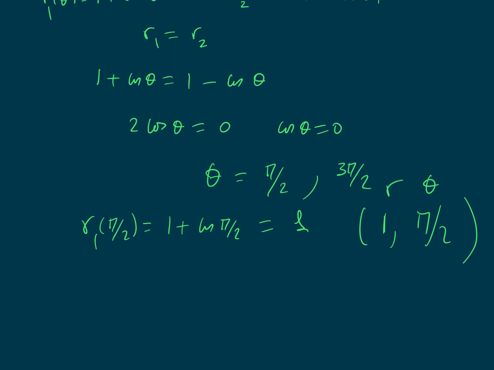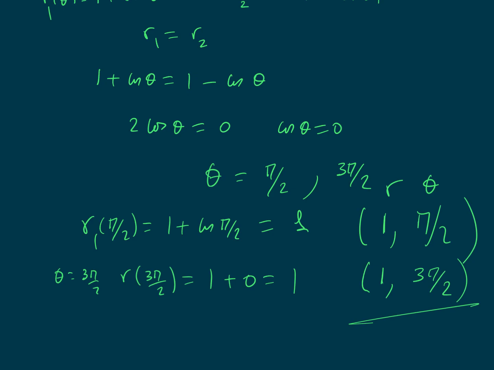When theta equals 3 pi divided by 2, R of 3 pi divided by 2 is 1 plus cosine of 3 pi divided by 2, which is 1, because cosine of 3 pi divided by 2 is 0. So the point is 1 comma 3 pi divided by 2. So these are the two points of intersection.